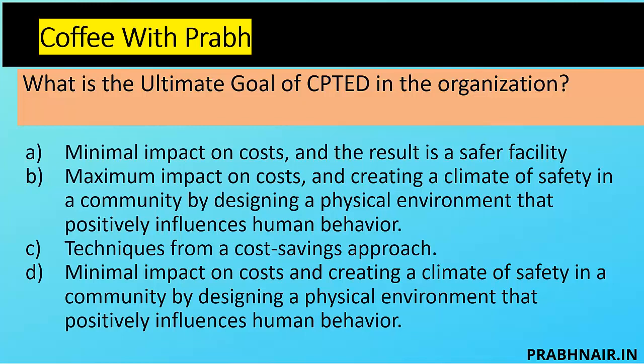Creating a climate of safety and community by designing a physical environment that positively influences human behavior. Option C, technique from a cost saving approach. That is true, but A and C are part of D: minimal impact on cost, creating a climate of safety in a community by designing a physical environment that positively influences human behavior. That is the ultimate goal we have of CPTED. That's why the answer is basically D.